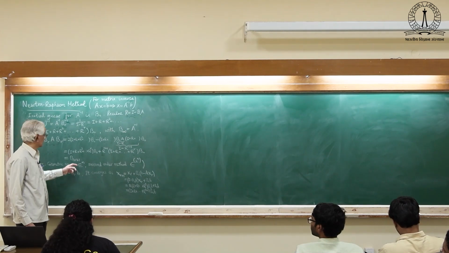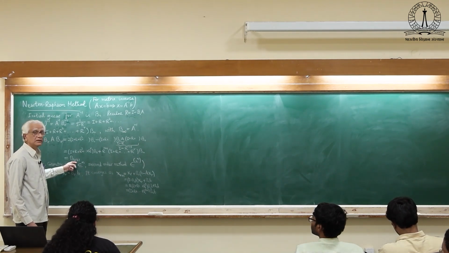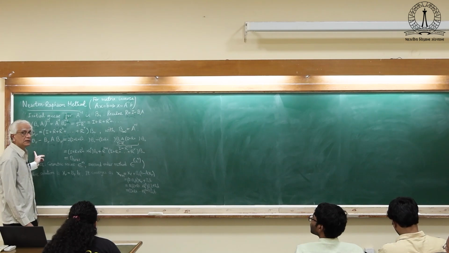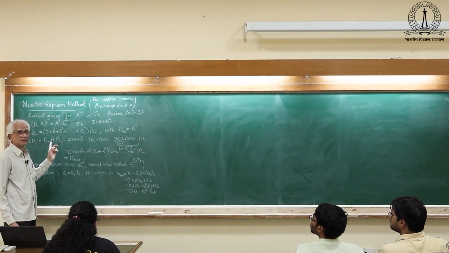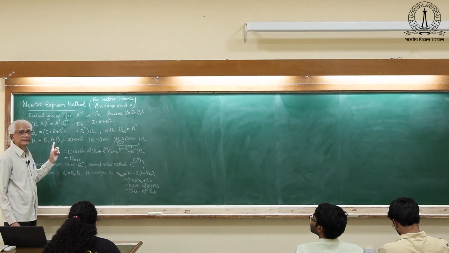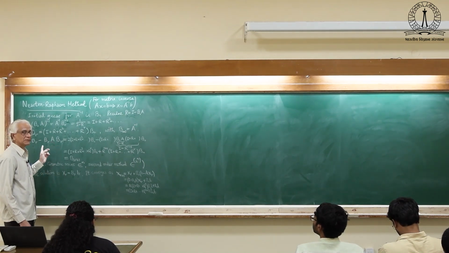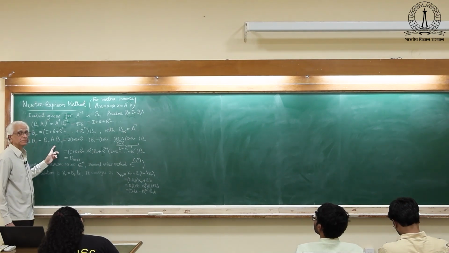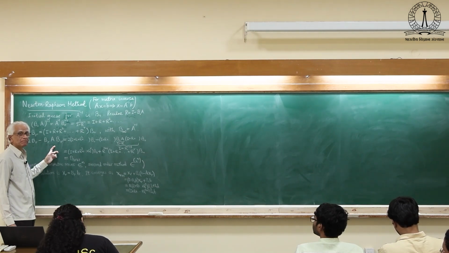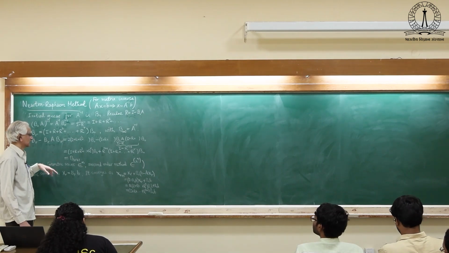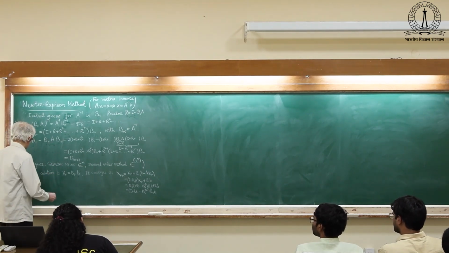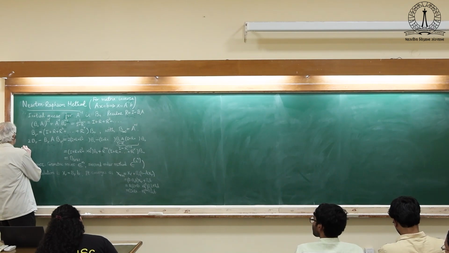This was the definition I worked out the last time for A inverse. This is a Newton-Raphson inverse iteration. It's a matrix version of it. Last time I wrote down x_{i+1}.